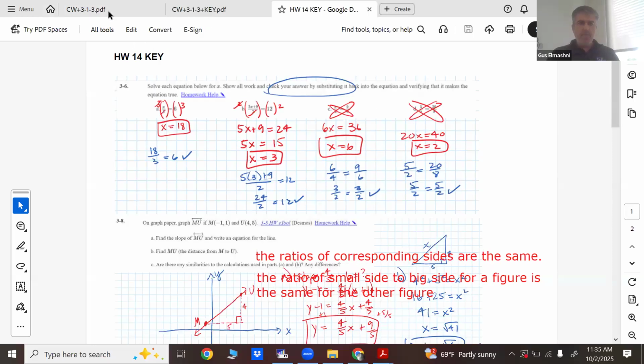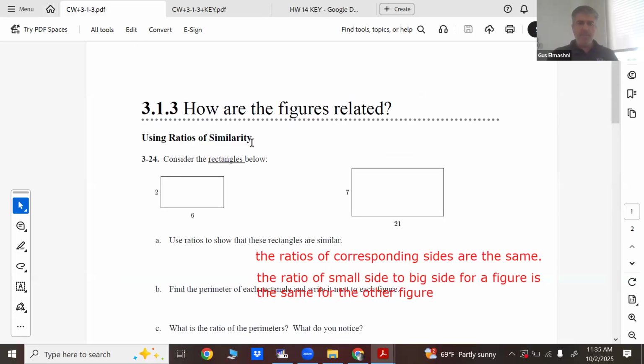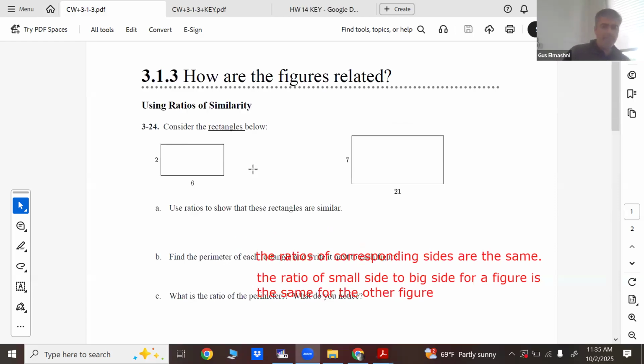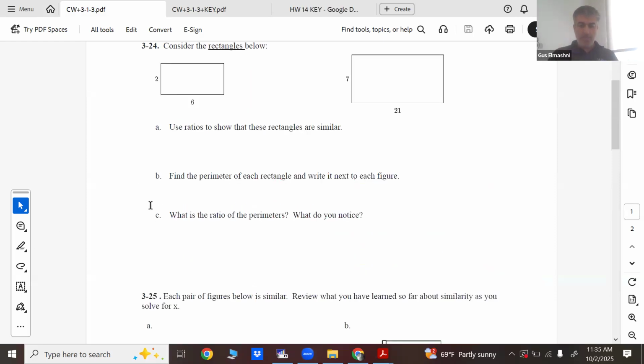Okay. For 313, because again, we still have to keep things moving here. Consider the rectangles below. We have 2 and 6, 7 and 21. Use ratios to show that they are similar. Find the perimeter of each rectangle next to each figure. What's the ratio of the perimeters?